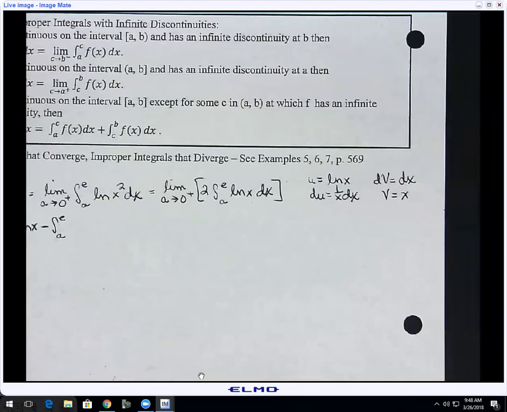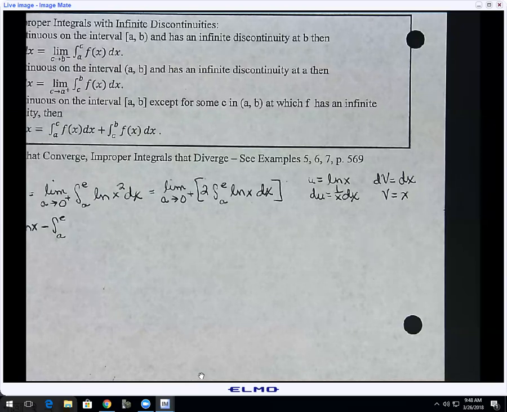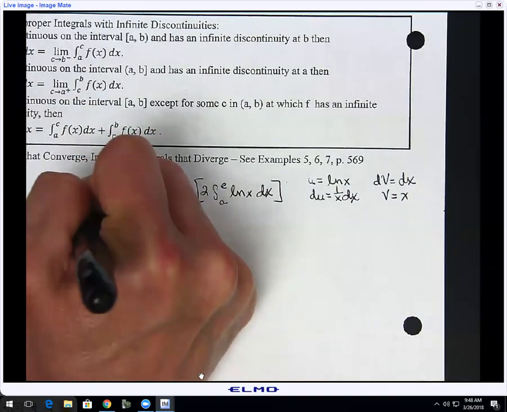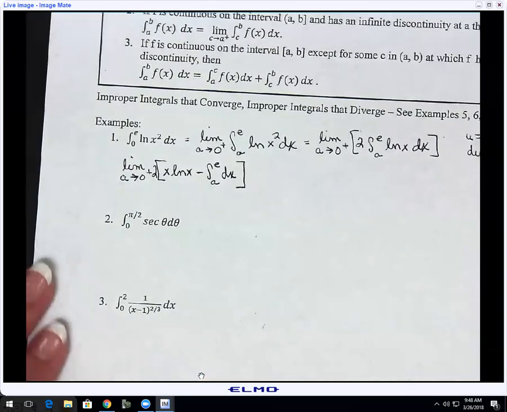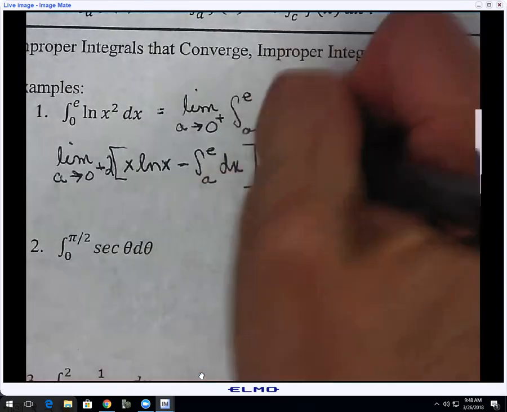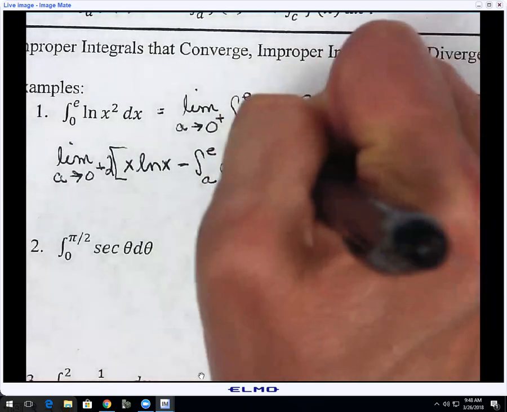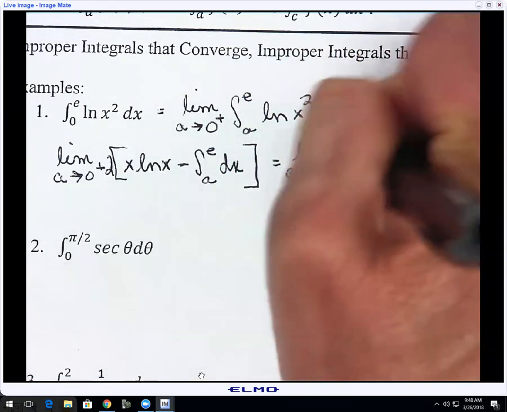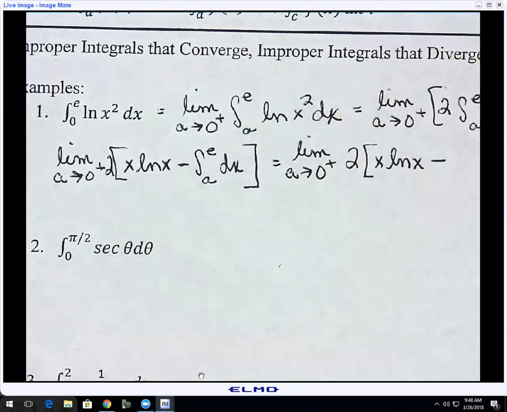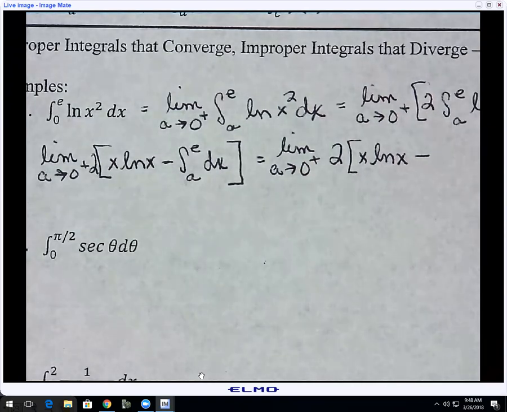What's v du? Just dx. What's the indefinite integral of dx? Just x.